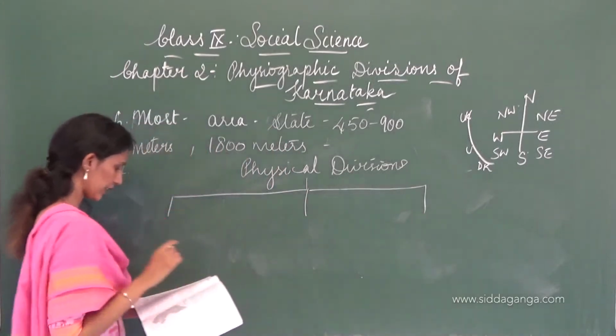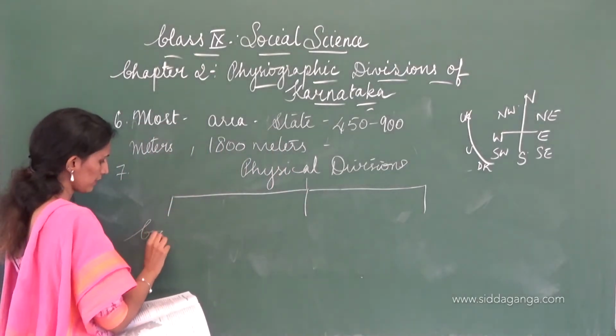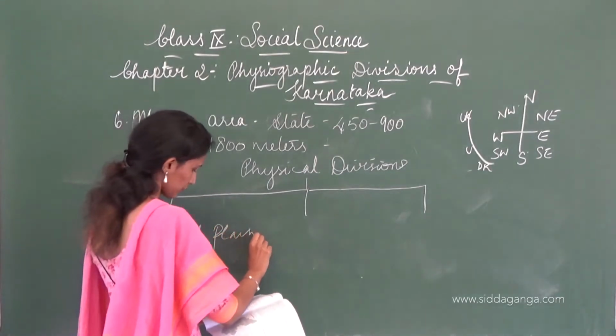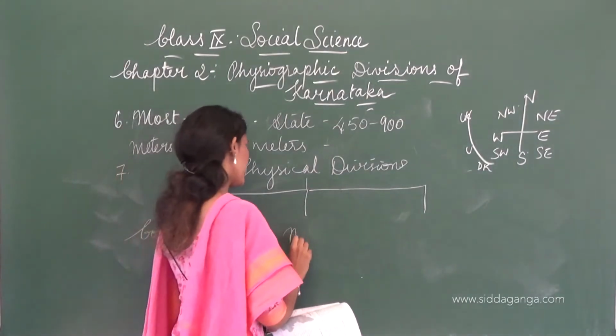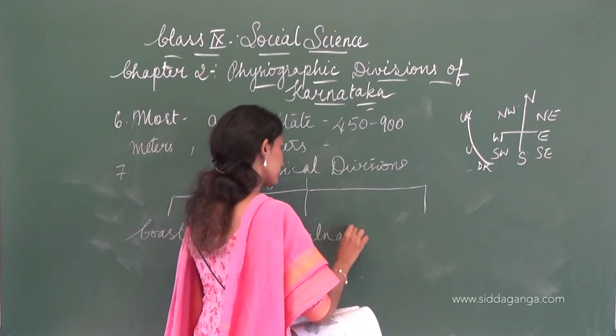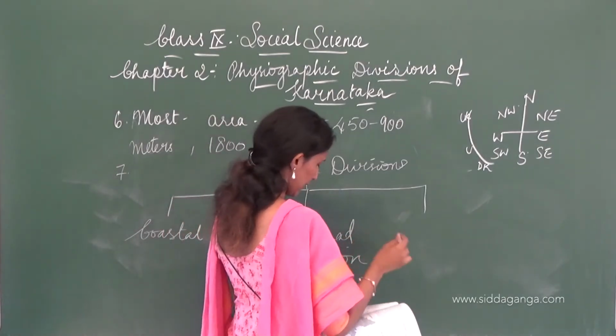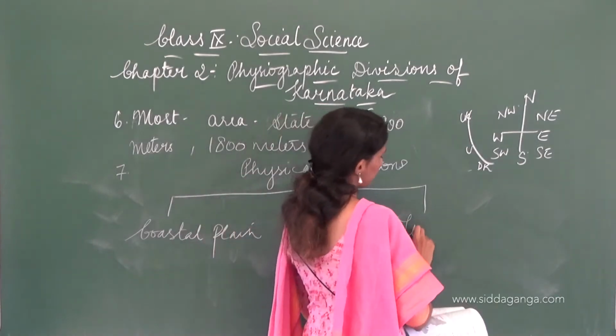The divisions are like this: the coastal plain, the Malnad region, and the Maidan region.